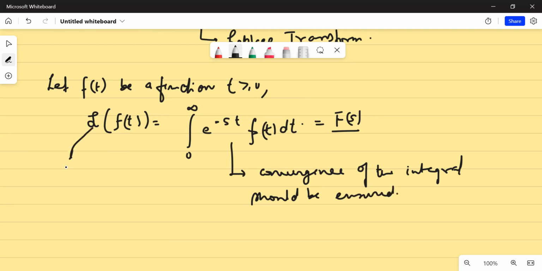Okay, and this particular term is called the Laplace transform operator.